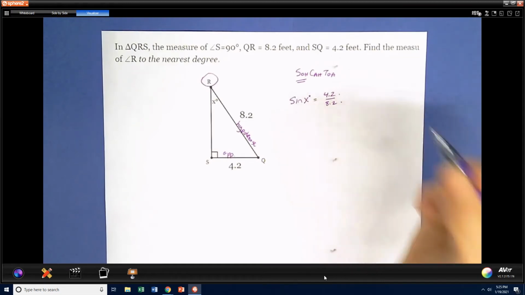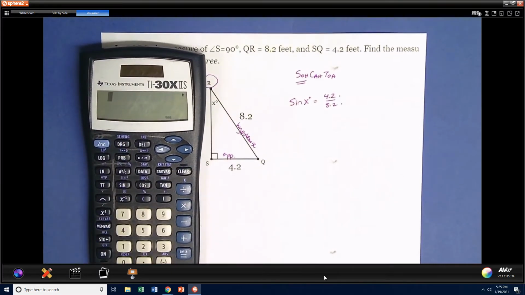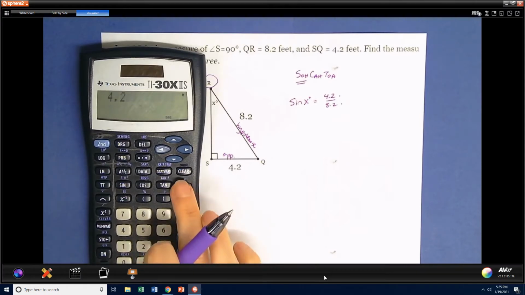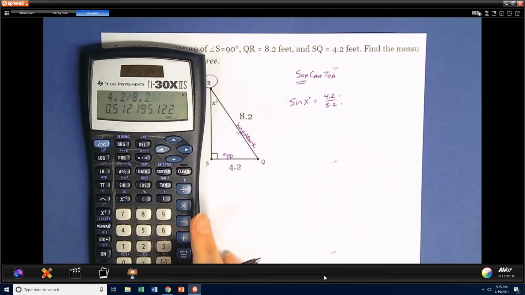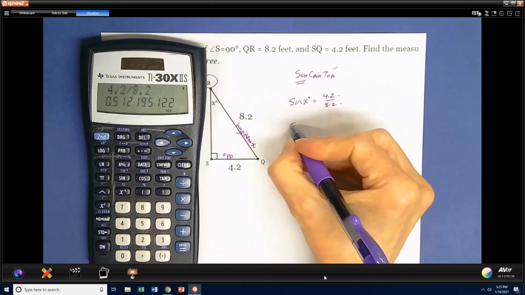Now, at this point, I need a calculator, because I'm not going to expect you to do 4.2 divided by 8.2 in your head. You can use any calculator, and I will be teaching you different calculators, but let's try this one today. 4.2 divided by 8.2. The calculator gives me an answer accurate to many decimal places.